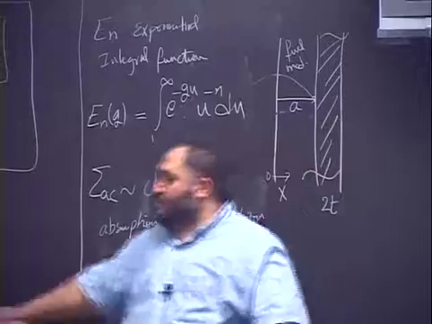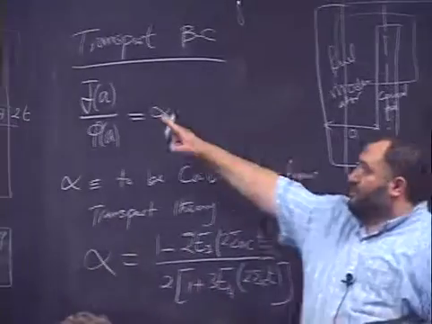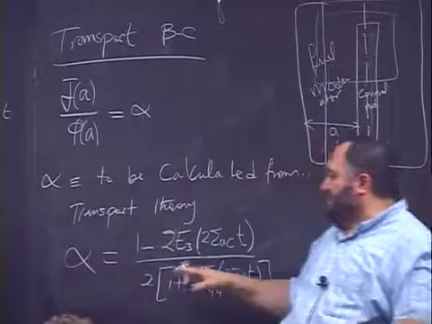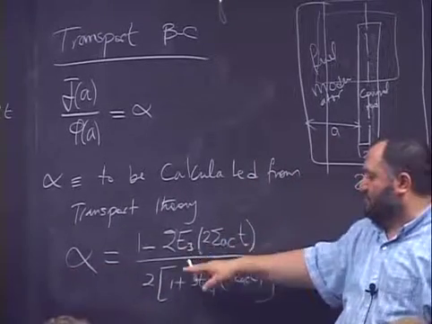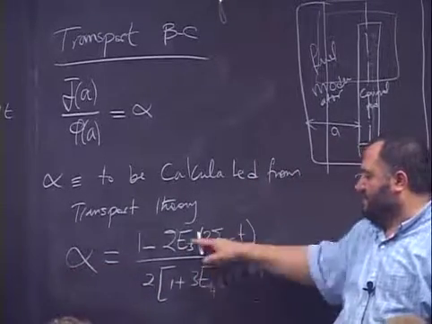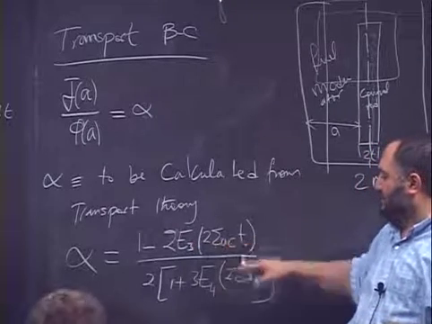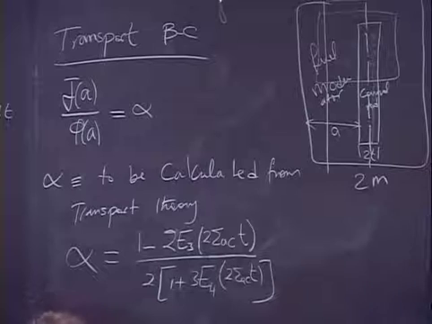Then once you get this value for J of A over phi of A, which you call alpha, we will figure out that this alpha is just a function of the error exponential function multiplied as a function of sigma absorption of the control rod and the thickness of the control rod.